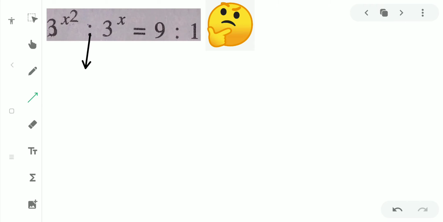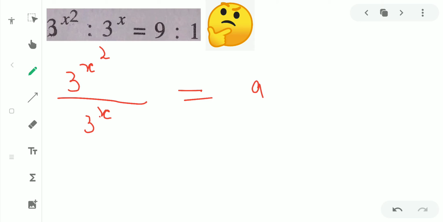So the ratio means division. As the ratio means division, let us solve it. 3 power x square divided by 3 power x is equal to 9 by 1.